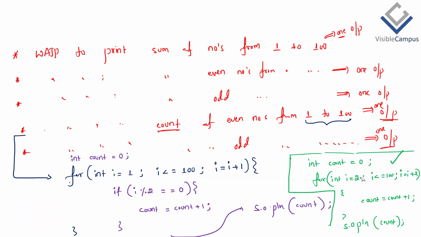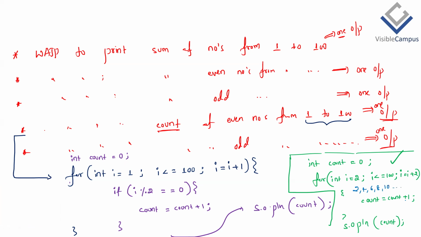Understood, or shall I explain the tracing process? If not, then you are slowly missing the logical part. So here, the numbers will start from 2. The next number is 4, then 6, 8, 10.